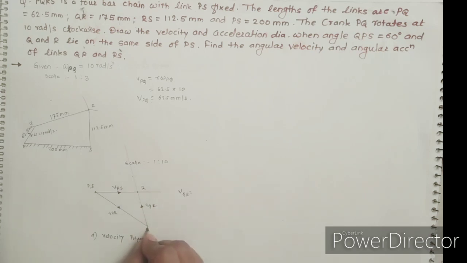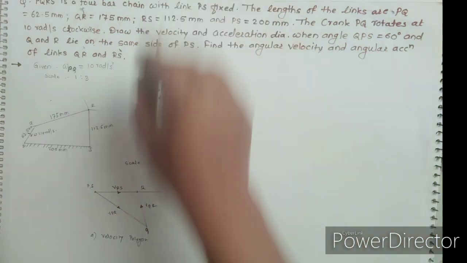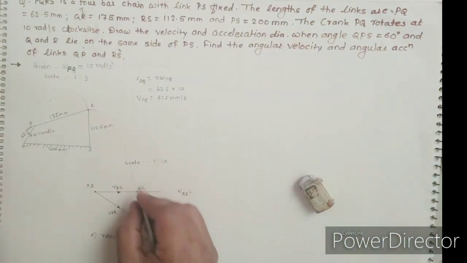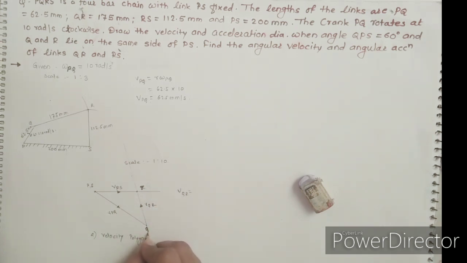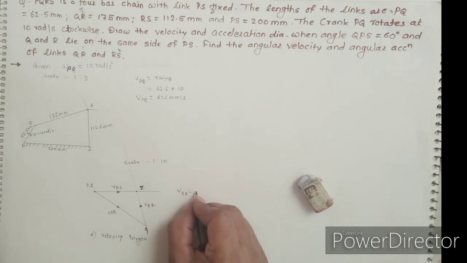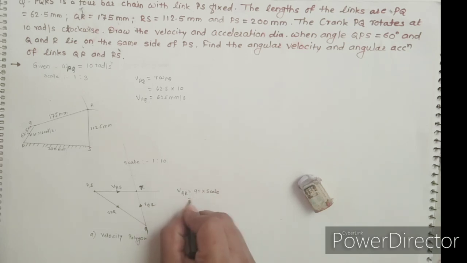You have to give a small dimension to the velocity polygon, here small r, small q, and small p, small s, PQRS. So QR into scale. Now we have to take all the dimensions in mm.